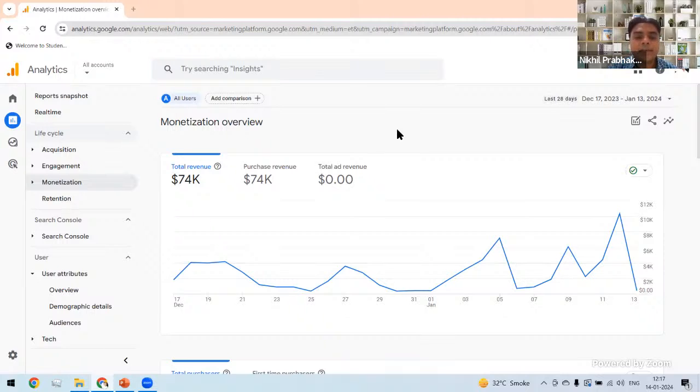Once that is verified, Google sends you a code. It comes to you by post. You put that code, and after that, the Google Analytics processing starts. The monitoring can therefore only be for those websites which you are owning.